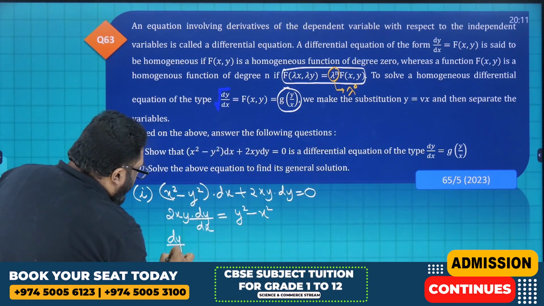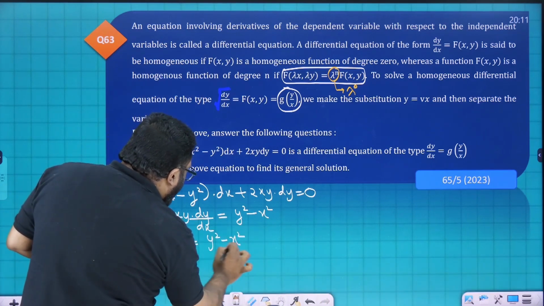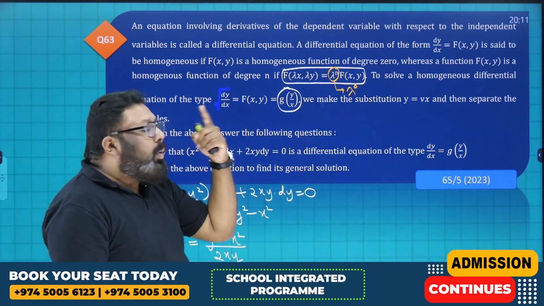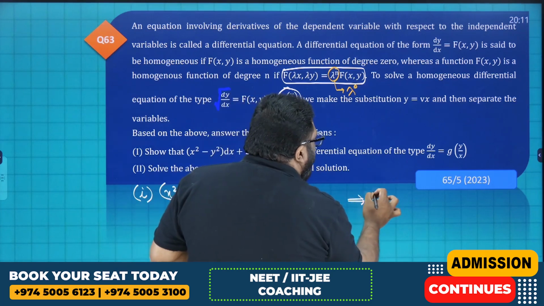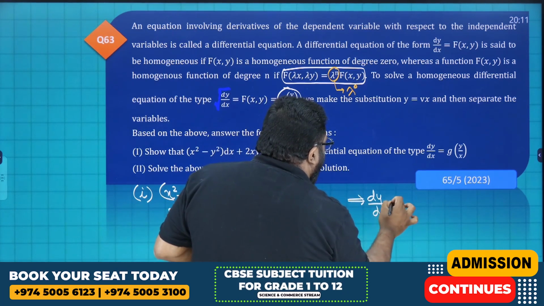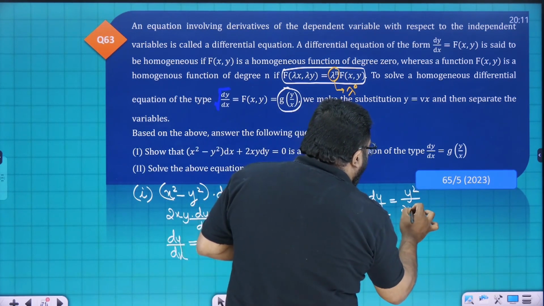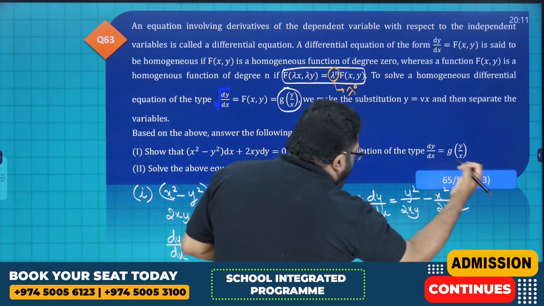So what is dy by dx? It is equal to y squared minus x squared by 2xy. And I must show it like a function of y by x. Split the numerator. That implies dy by dx is equal to y squared by 2xy minus x squared by 2xy.